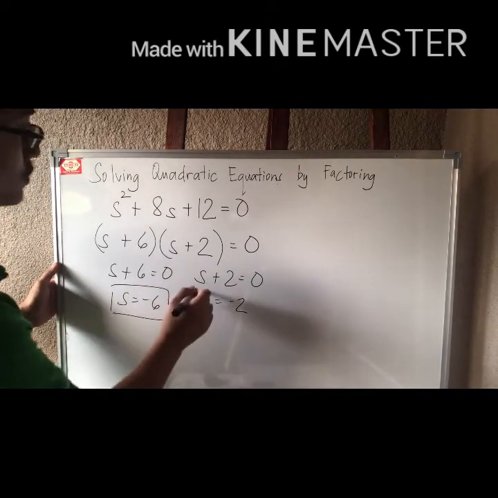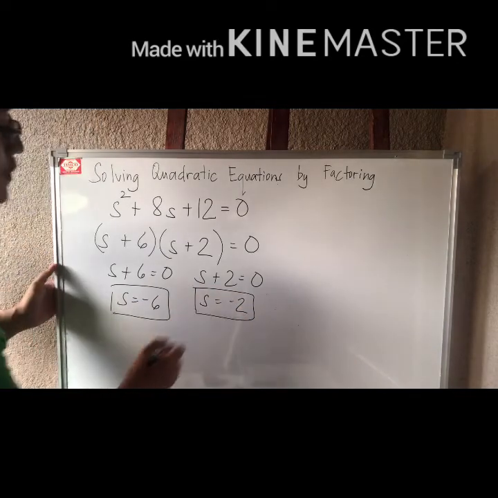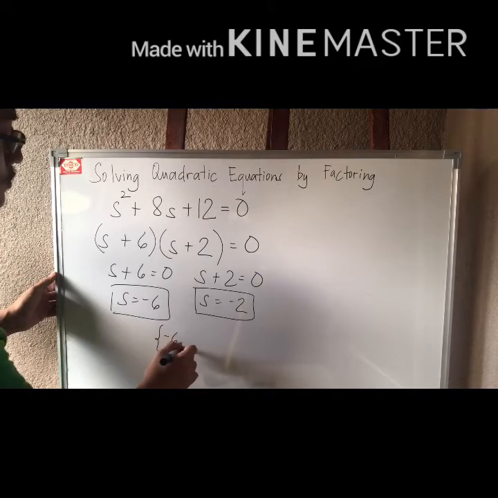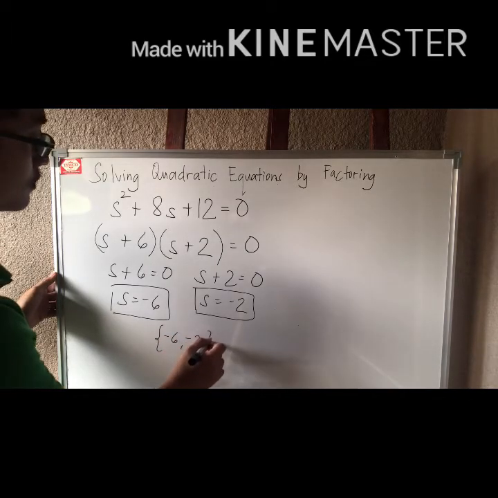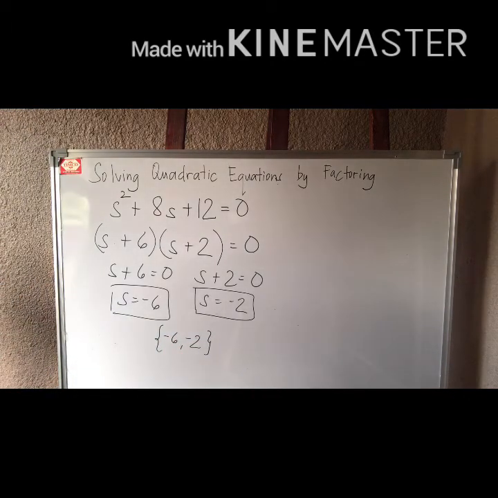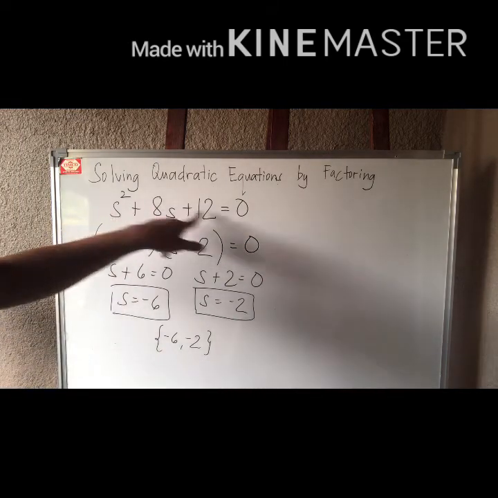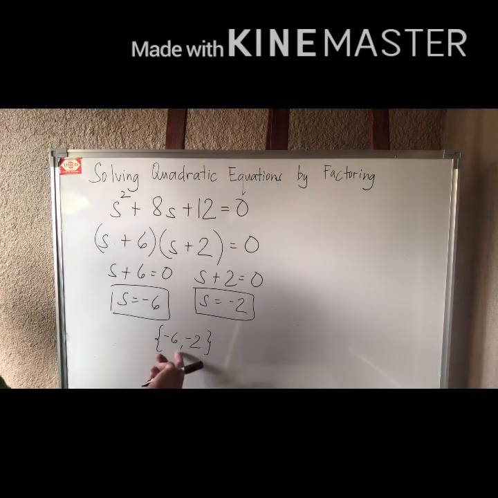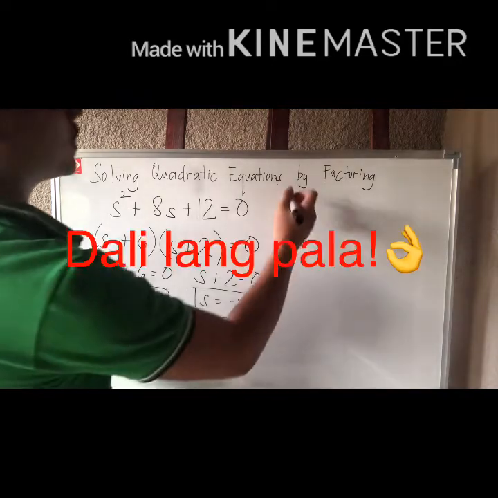So the solutions are negative 6 and negative 2. So that is our solution set. Now we are allowed, or actually required, to check if this solution satisfies the given quadratic equation, just to prove that this satisfies.